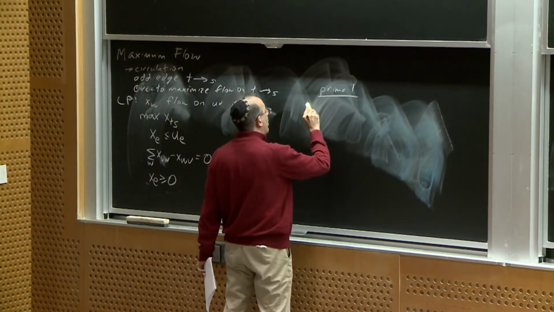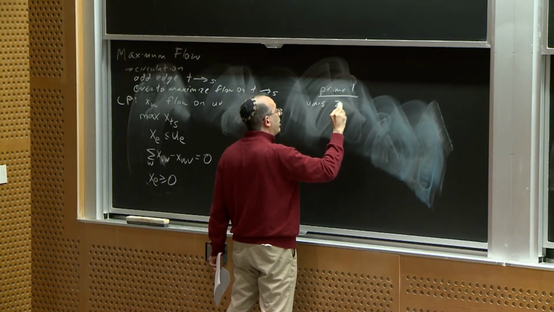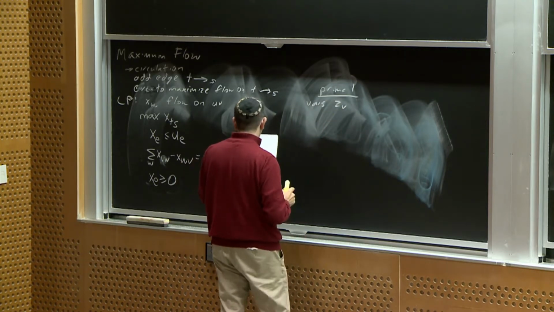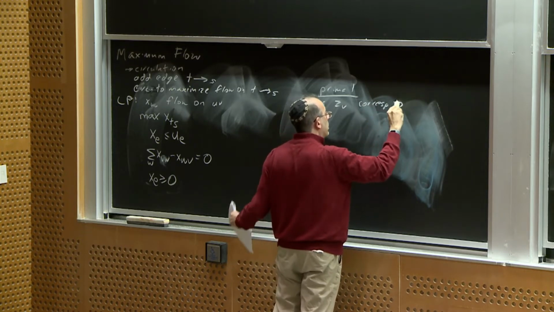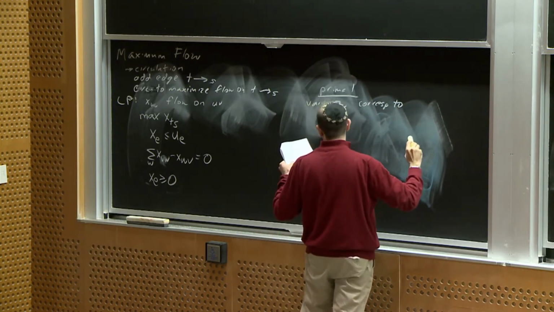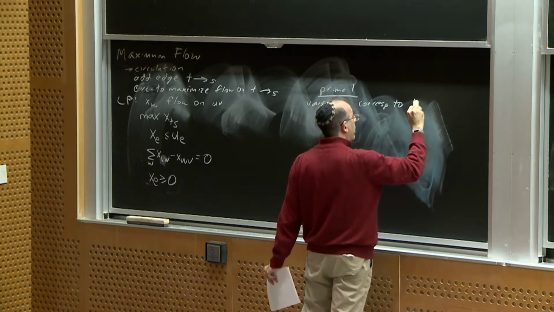So we are going to have variables Z_V, which correspond to the conservation constraints, the balance constraints.